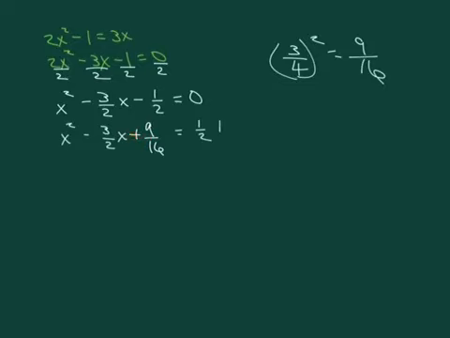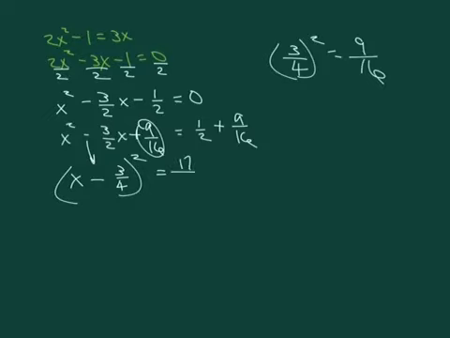So because we added 9/16 there, we have to add it to the other side. And we do x, this sign here goes here. Square root of that is x minus 3/4 squared equals 1 half plus 9/16, which is going to be 17/16, if I remember right.